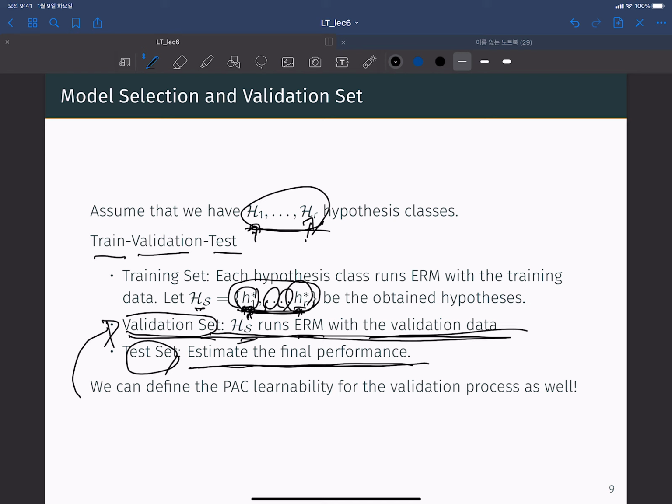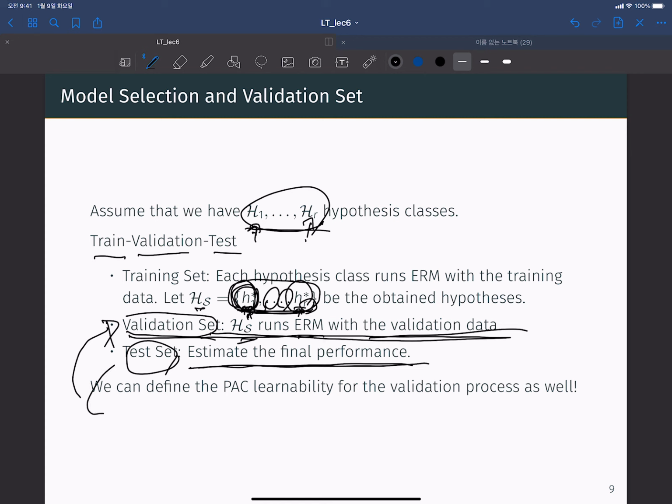So with some probability, although H1 star has a very bad training and test error, if we are unlucky, H1 star is just good for the validation set, and we finally decide on H1 star as our final outcome. That is possible. Overfitting to the validation set is possible, especially when the validation set size is small and when the number of hypothesis classes is huge.